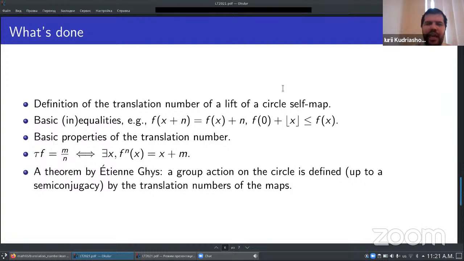You cannot change an action of a group on a circle without a change in translation numbers. So I chose this theorem more or less for 2 reasons.